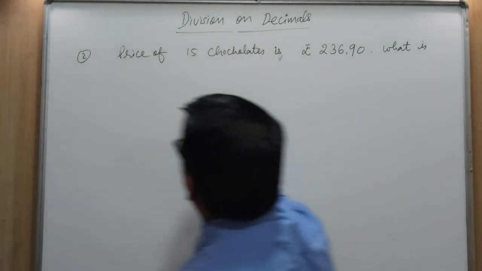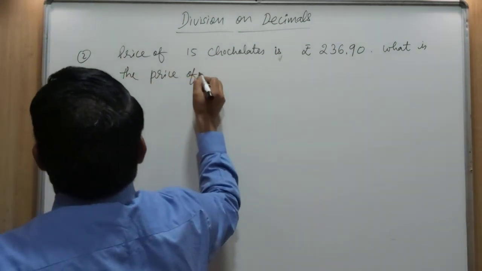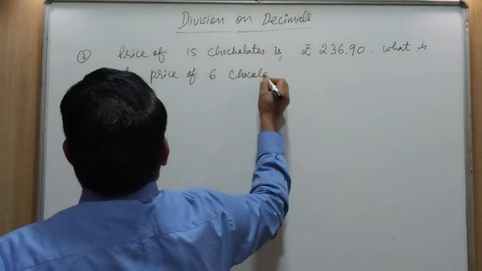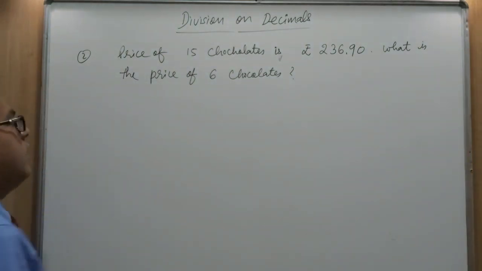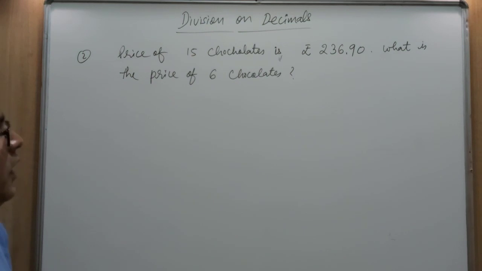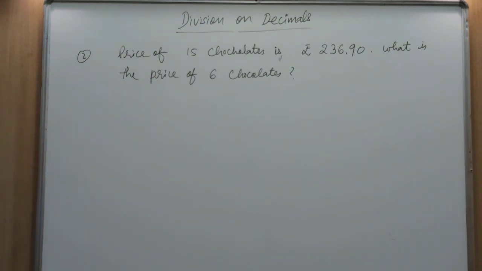What is the price of 6 chocolates? Right? It is given there price of 15 chocolates. It is 236.90. And what will be the price of 6 chocolates?